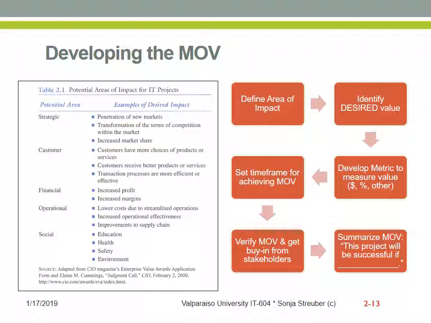customer base. Then this measurable organizational value, this target for a project, will be verified with major stakeholders to get buy-in. That can be, depending on the organization's size, even shareholders in the shareholder community, and then transformed into a success statement that reads something like, this project will be successful if, and then a number of bullet points, and that success statement will then translate into the business case for the project.